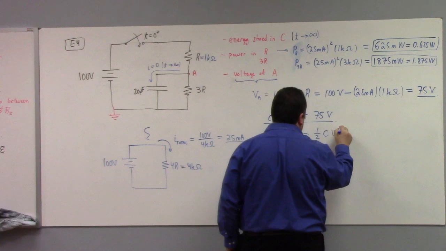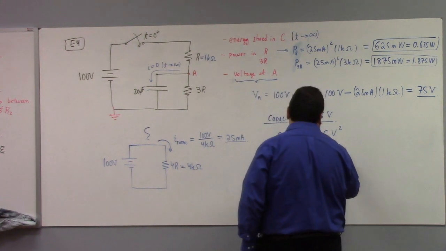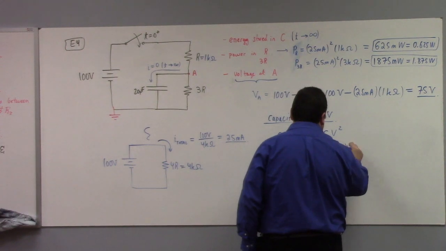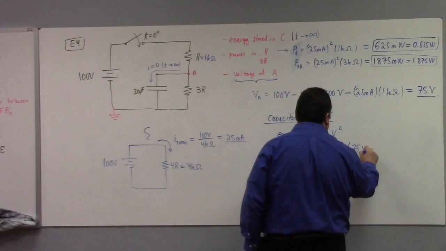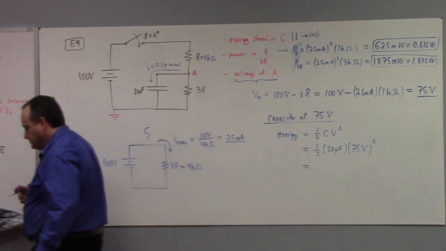1/2 CV squared. So we've got 1/2 times 20 microfarads times 75 volts, and you've got to square that.